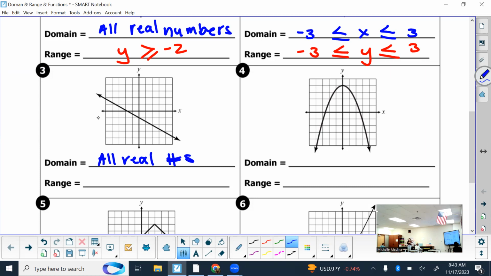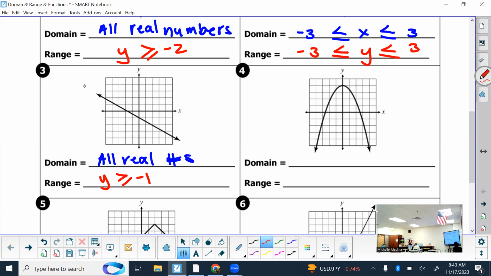Someone not sitting near a wall, what'd you put for the range? Okay, someone else then not sitting by a wall? What'd you put for the range for number 3? Okay, so let's see. Does this graph go infinitely upward?